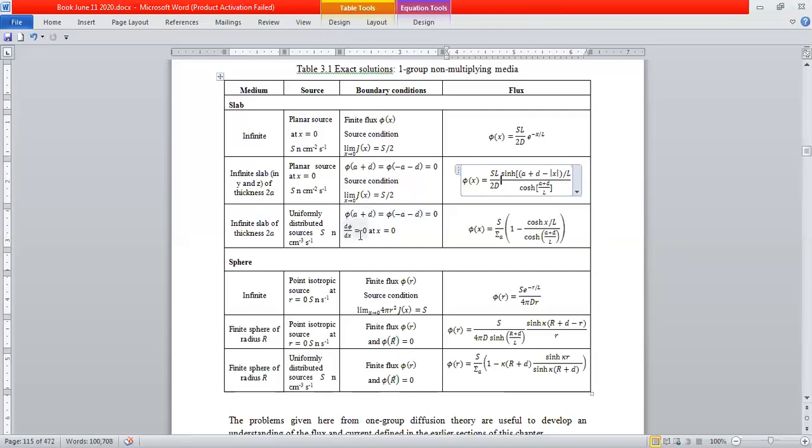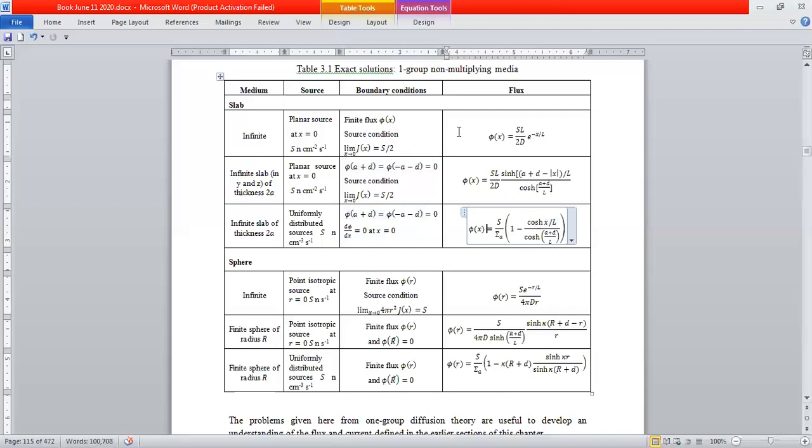And symmetry, I'm saying that d phi by dx is 0 at x equal to 0. I get a very neat solution. Why do I say it's neat? If you put x equal to a plus d, then you get the same thing in numerator and denominator. So 1 minus 1 is 0, and the flux conveniently goes to 0. So you can see it's correct.